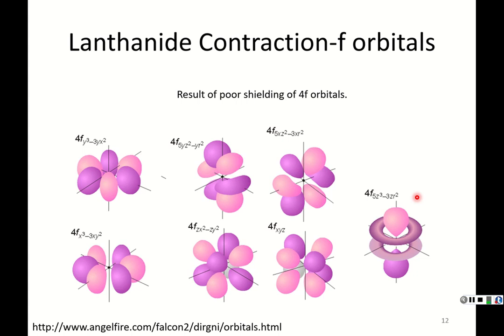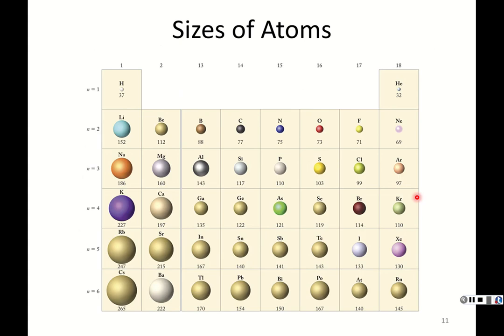That holds true, except remember the lanthanide contraction. We talked about this. This is kind of a reason why, with the transition metals, if we drop from the 5th row to the 6th row, we don't get any drastic size change.